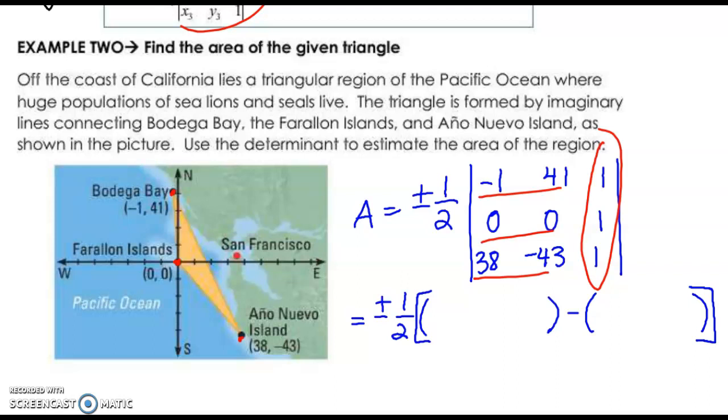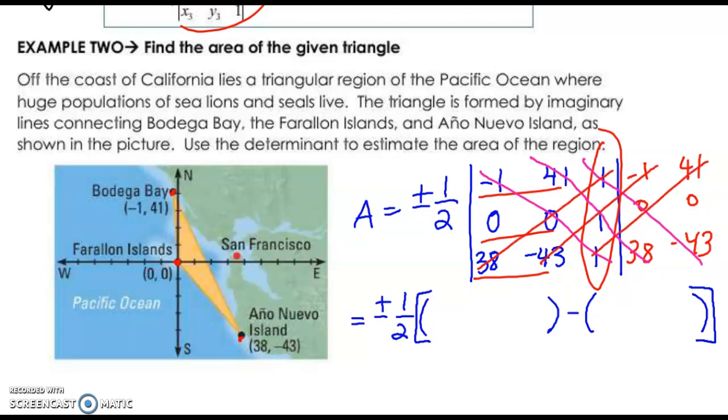When we do this by hand, we write out, recopy the first 2 rows, and then we multiply. 1, 2, 3. If you do this by hand, you'll get 1558 minus 43, and then you take half of it, you get approximately 757.5.